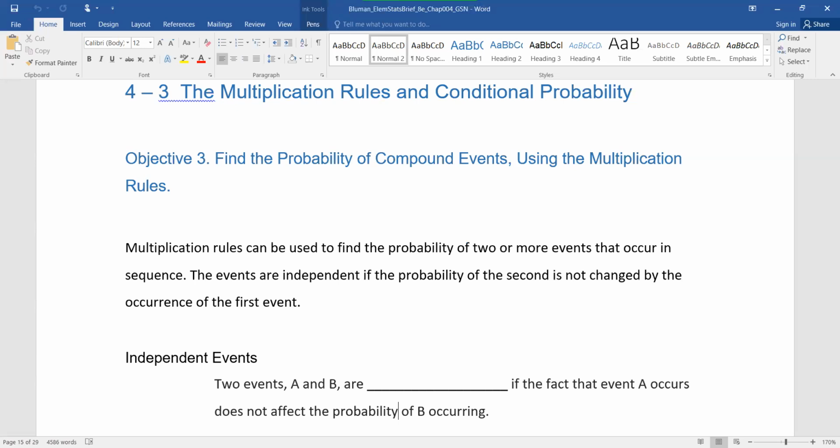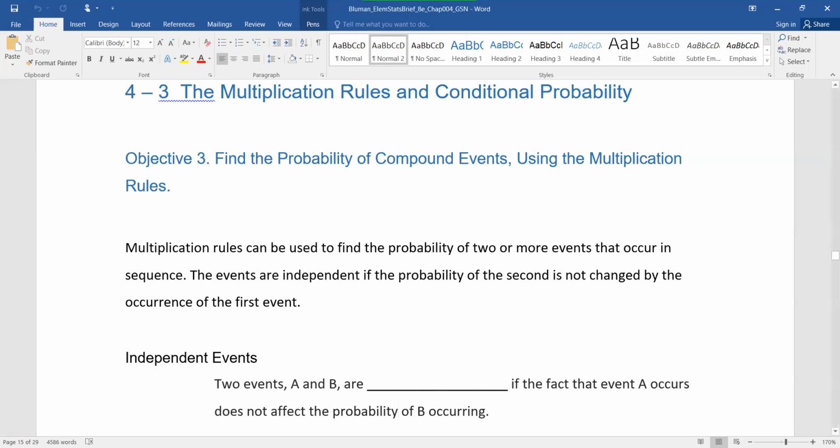Multiplication rules can be used to find the probability of 2 or more events that occur in a sequence. The events are independent if the probability of one is not changed by the occurrence of the first event. So independent would be that one is not affected by the other.